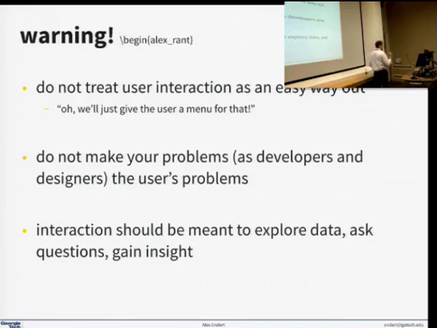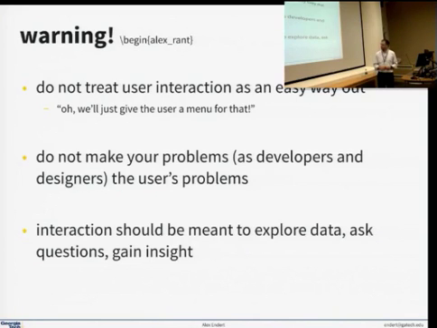When you don't know which model to use for the particular application, you resort to, we'll just put them all in a menu and let the user pick. Don't make your problems as a technical visual analytic challenge the problems of the domain experts and the users of your systems. User interaction is great to involve users, but please involve them in the right way.